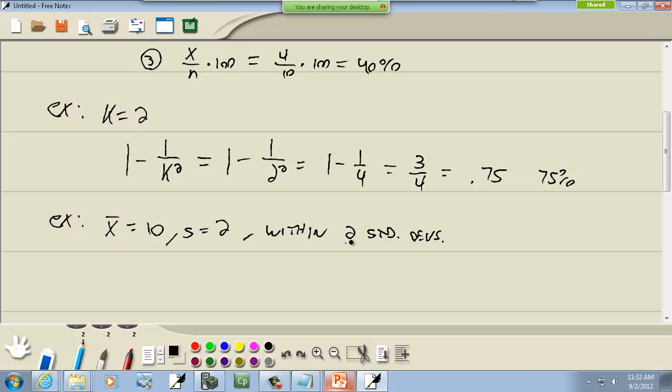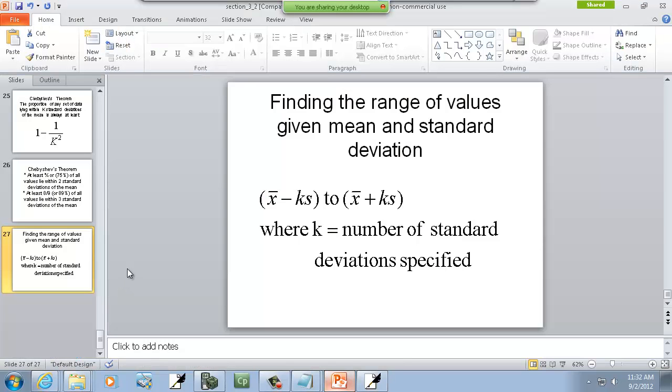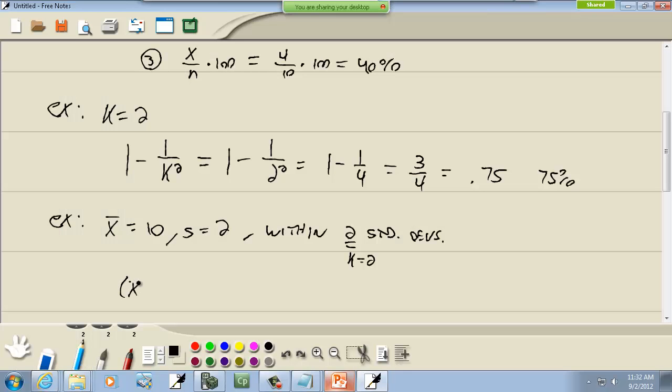Well, this is our k, so they're telling us k is 2. So our formula is x bar minus k times s, comma, x bar plus k times s.